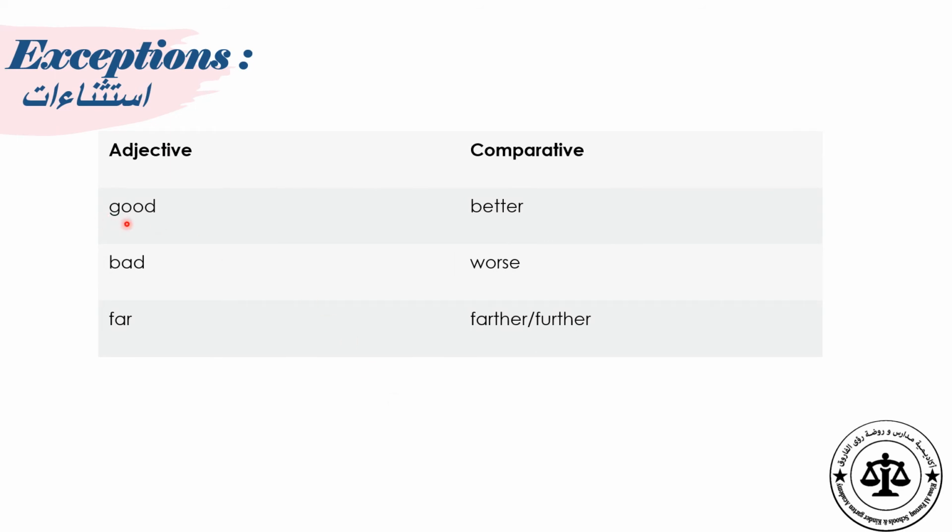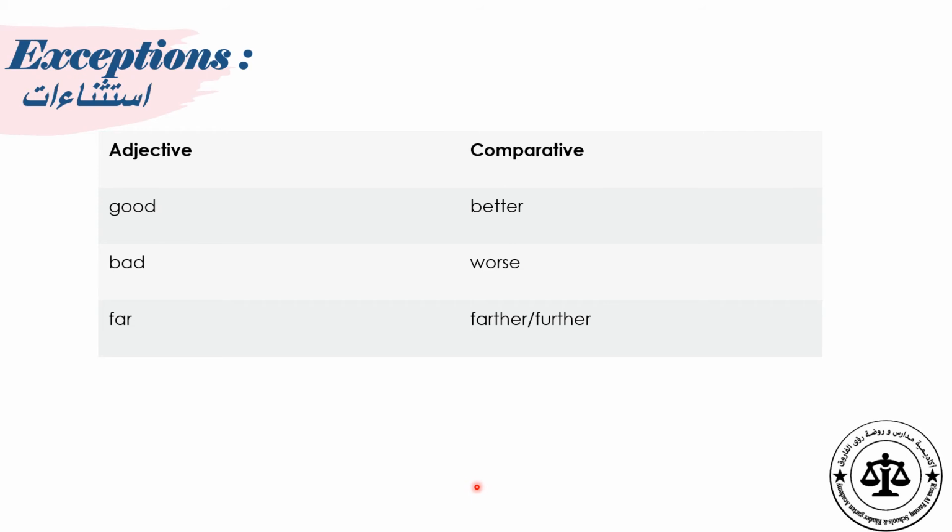If we want to use it in comparative adjectives, we have to change good into better. Good, better. Bad, worse. Far, farther. So for these adjectives, we don't add er, but we change them into these comparative adjectives.